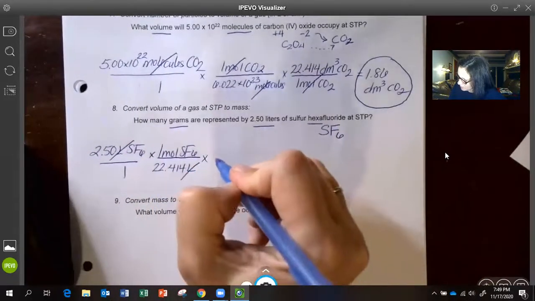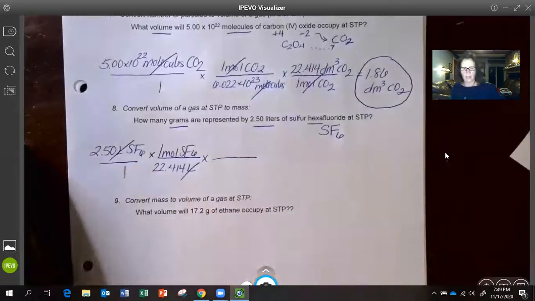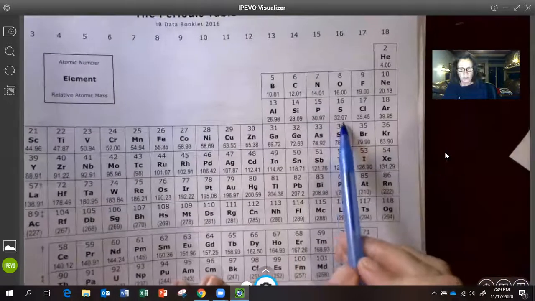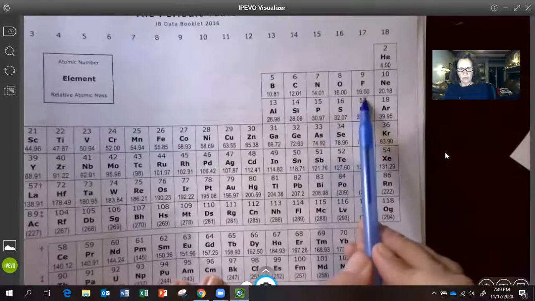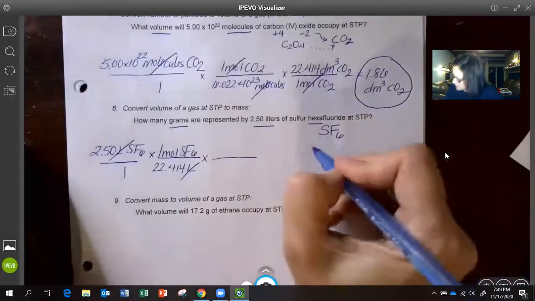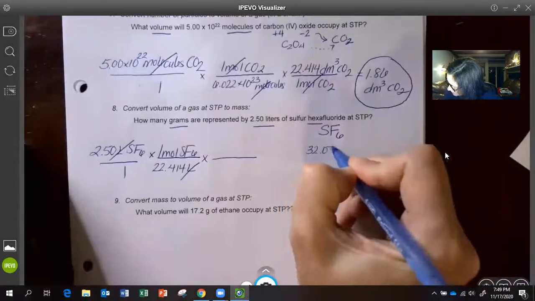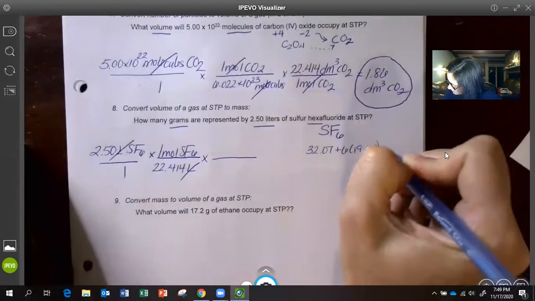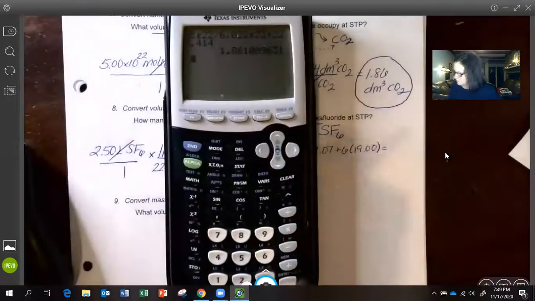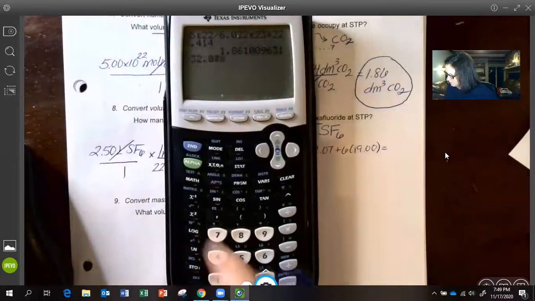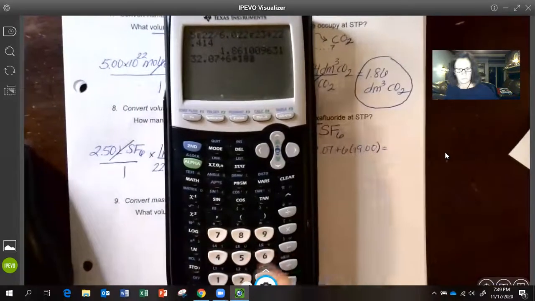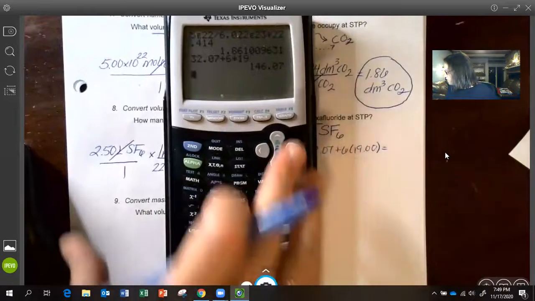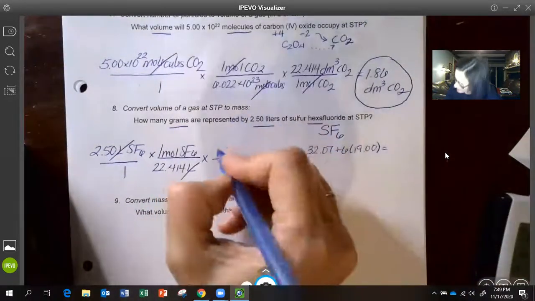Now I want to get to grams. Okay, so I need a molar mass. So sulfur, 32.07. Fluorine is 19. So we have 32.07 plus 6 times 19. 146.07 is our molar mass.